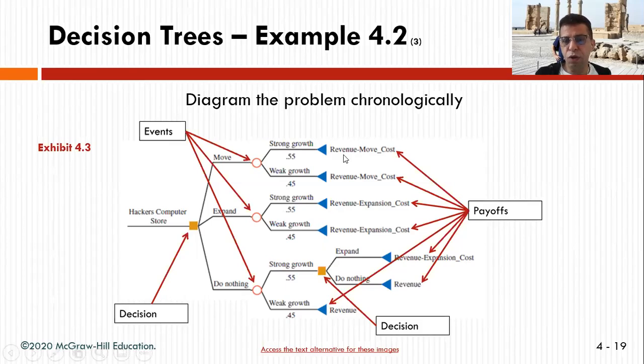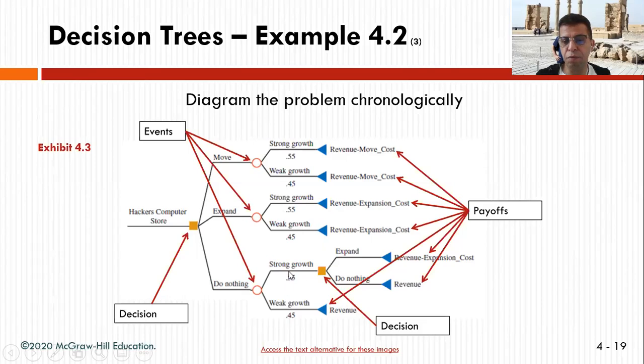In the first one, you have revenue minus move cost, with a chance of 55%. And you have weak growth, which is 45%. The same thing applies percentage-wise. But here, when you do nothing, then in the first year, if you have low growth, you stay with 45%.